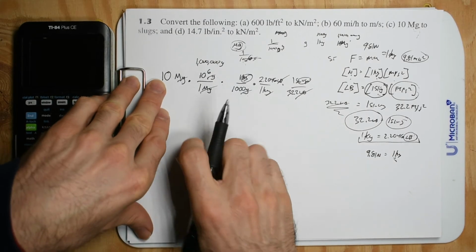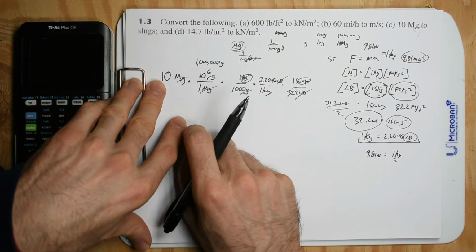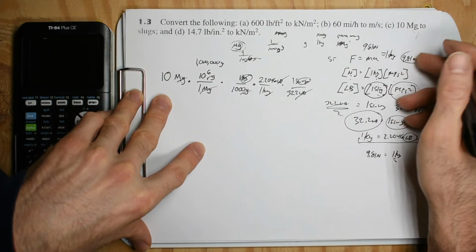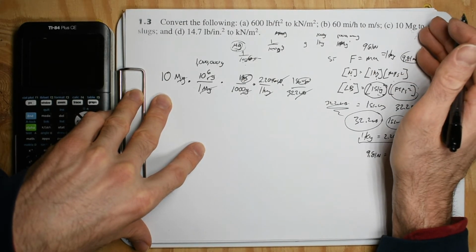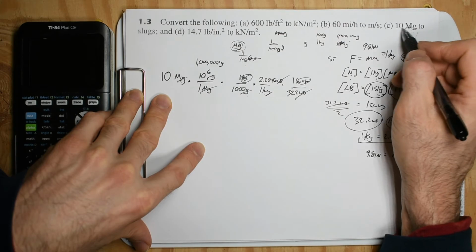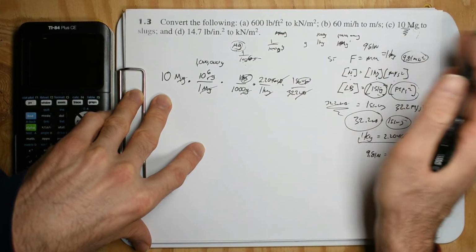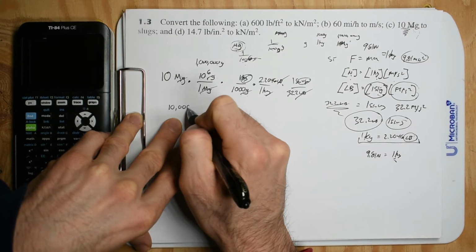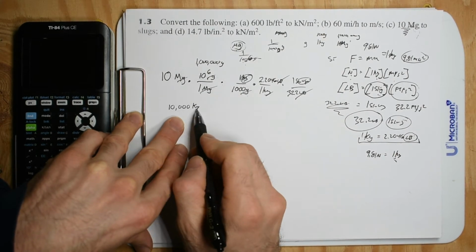So now let's use our guess. What's a way that we could guess this? This is kind of a bizarre number. But if you can get there, it's saying it's 10,000 kilograms.